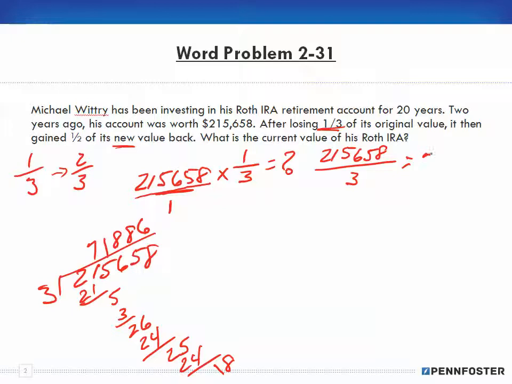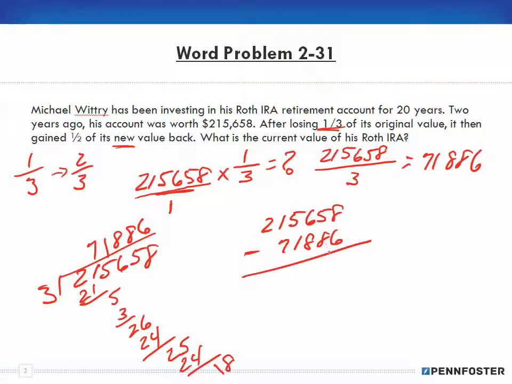So that means the account lost $71,886. Now, how much is that after the loss? So I'm taking my 215,658, and I'm going to subtract the 71,886 to know the value of my account at that moment in time.